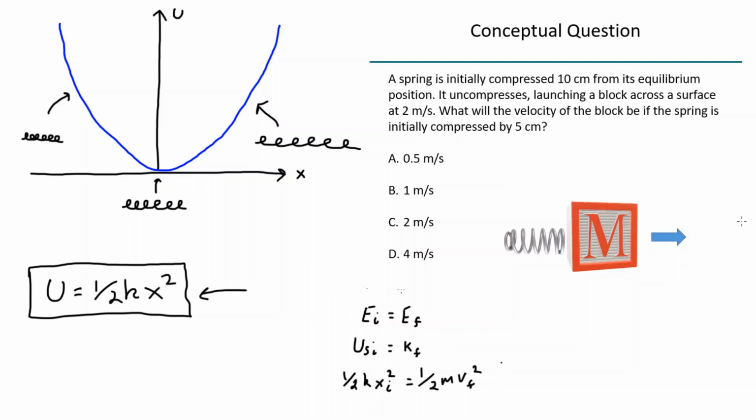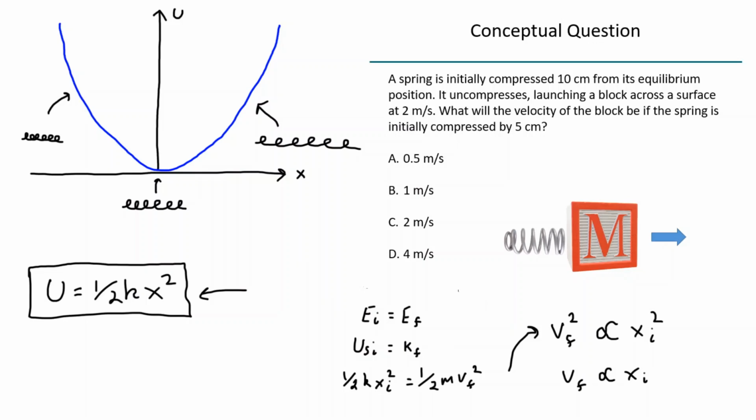So what this shows is that the final velocity squared is proportional to the initial compression of the spring squared. V final squared is proportional to x initial squared, which means that V final is proportional to x initial. I can take the square root of both sides.